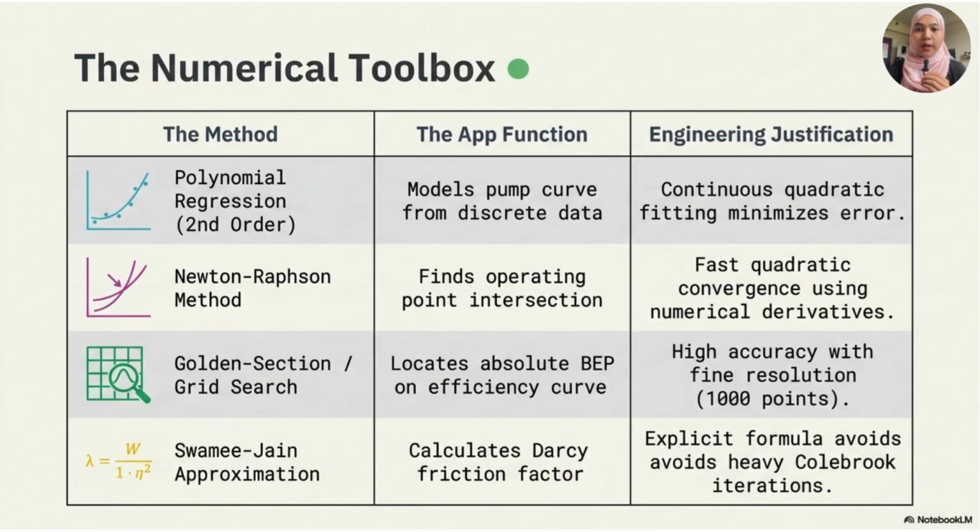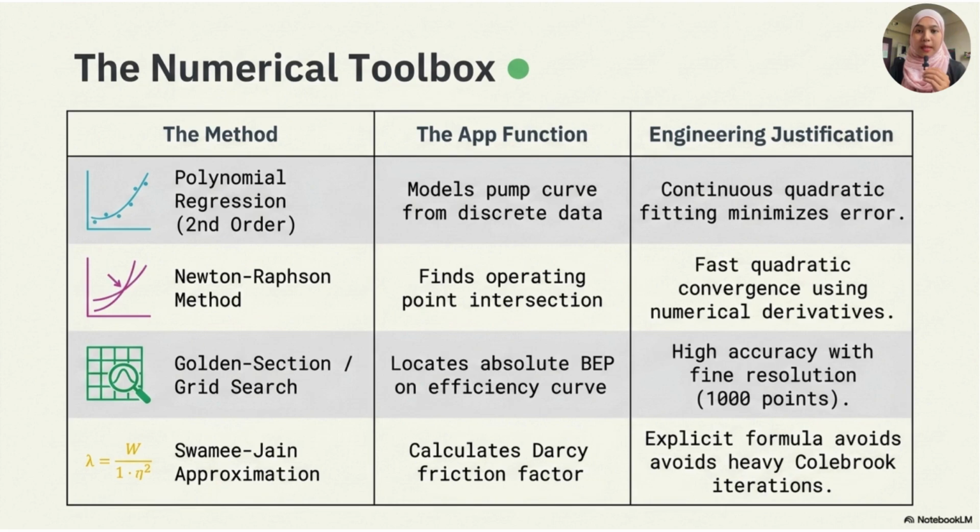Before we dive into the graphs, let's look at our numerical toolbox. The backbone of this application relies on matching the right mathematical method with robust engineering justifications. As you can see from this matrix, we use a second-order polynomial regression because a continuous quadratic fit minimizes the data fitting errors from the scattered manufacturer data.